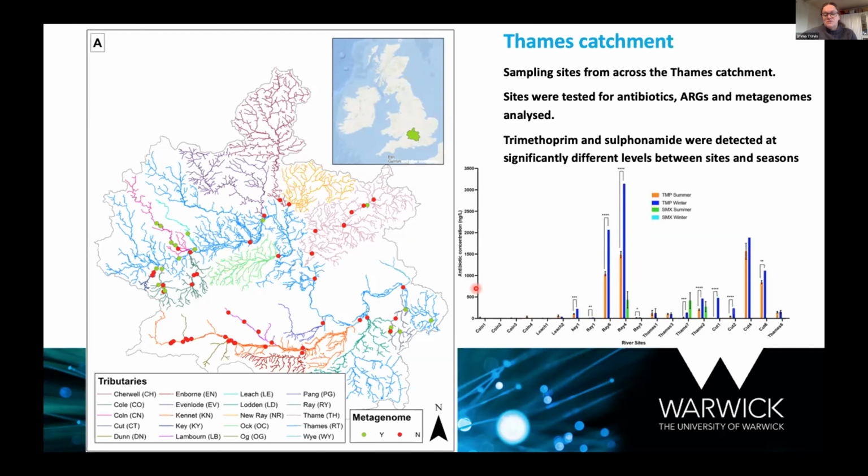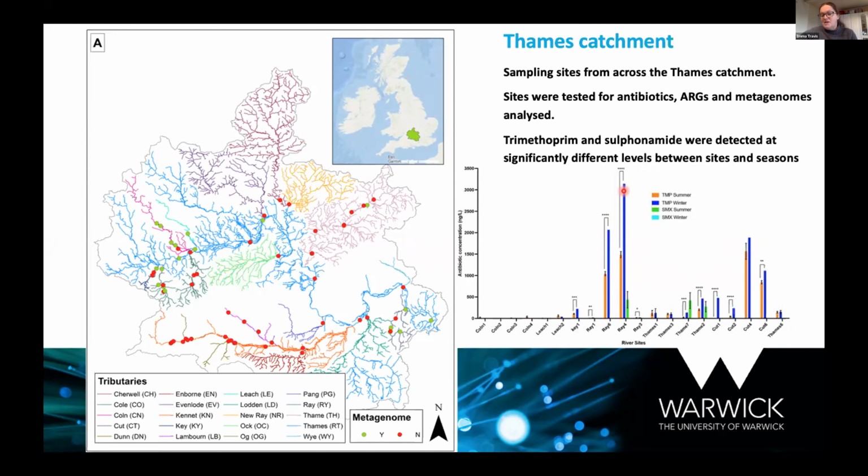Trimethoprim and a sulfonamide showed significantly different levels both between sites and between the seasons of sampling as well, with trimethoprim being particularly high in a number of sites such as Ray 4 and Ray 6, and almost always being higher in the winter as well.